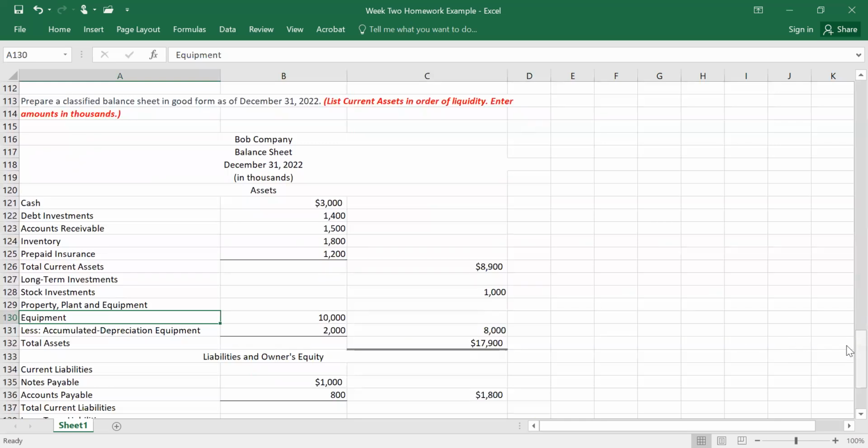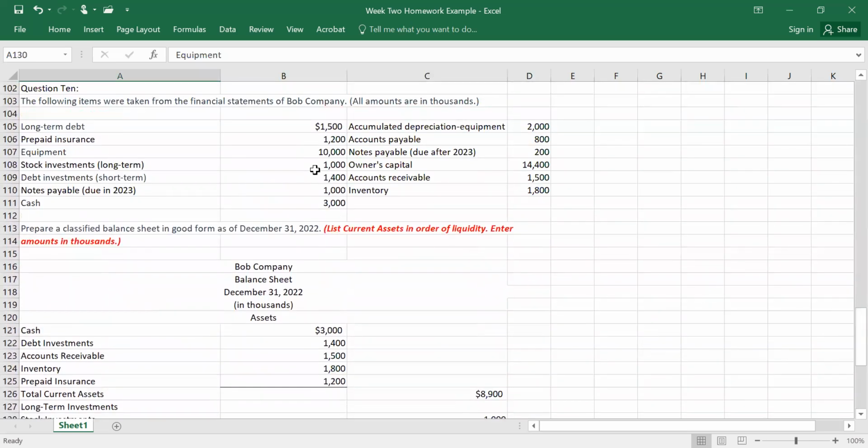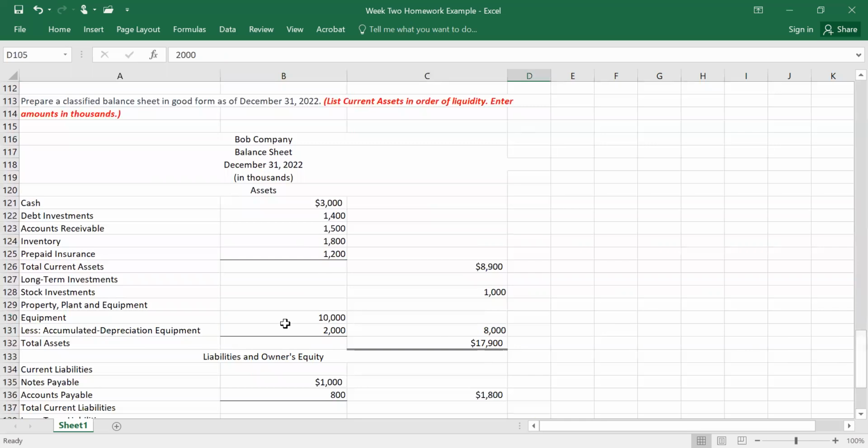We have equipment of 10,000, which is noted here, and we have accumulated depreciation, which is noted here, of 2,000. 10,000 minus 2,000 is 8,000. So now we're going to add our current assets, our stock investments, and our equipment minus accumulated depreciation together, and that gives us total assets of 17,900.